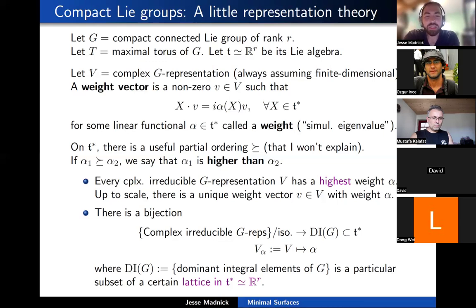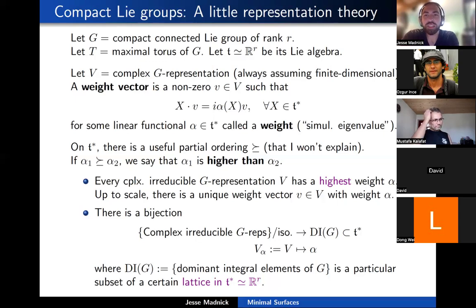What you need to know is that the dominant integral elements form a subset of a certain lattice in t star. Little t star, you're thinking of as R^R. Inside that is a lattice, which you can think of as Z^R. And inside Z^R there's some subset, almost like an upper half space, and this parametrizes the complex irreducible G representations.